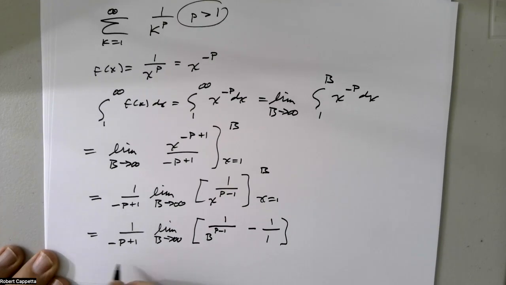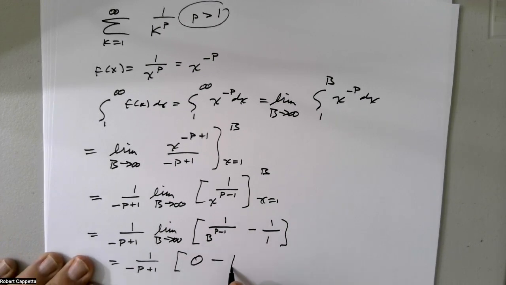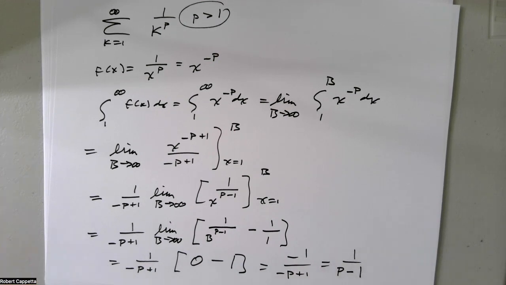It's a little tricky. p minus 1 is a positive number, so a large number to a positive number is always going to get very, very large. 1 over a very, very large number is going to turn into 0. So I get negative 1 over negative p plus 1, which is the same as 1 over p minus 1.